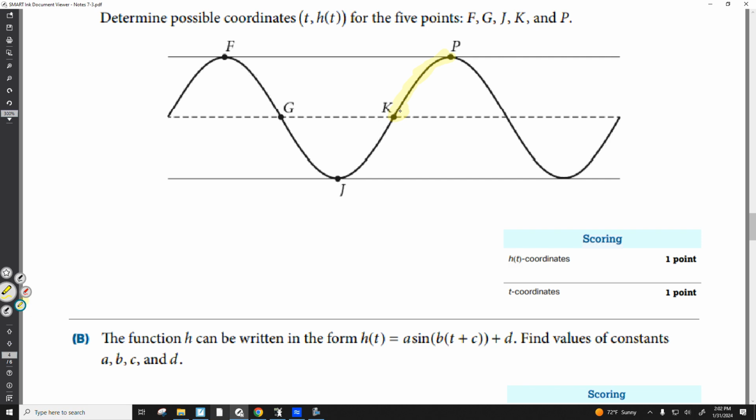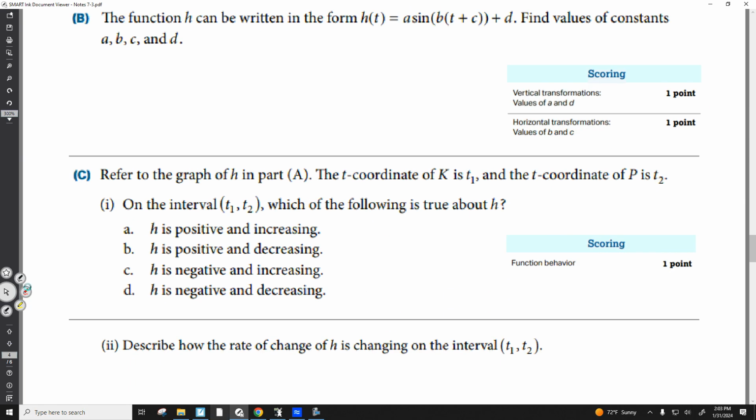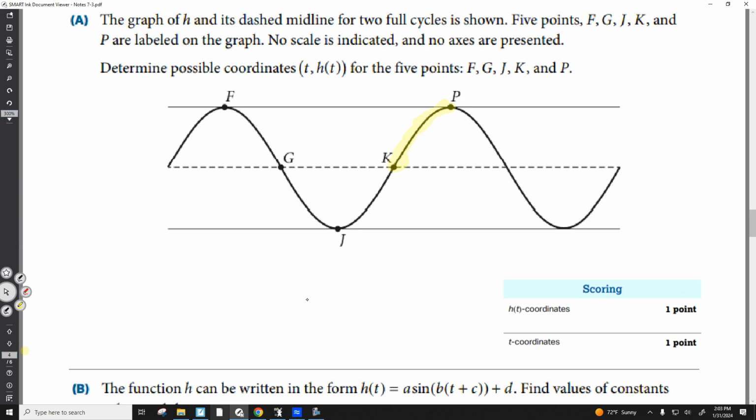Well, it's asking you, is H positive or negative? That's not the rate of change. H is positive and increasing because these values are between 20 and 26, and they're going up.